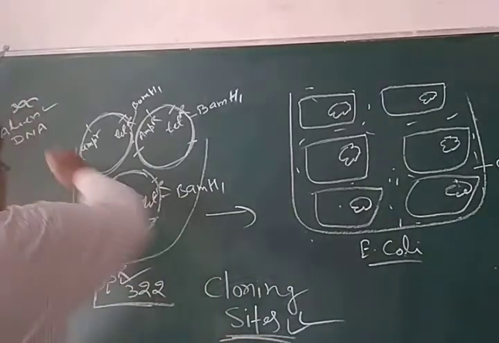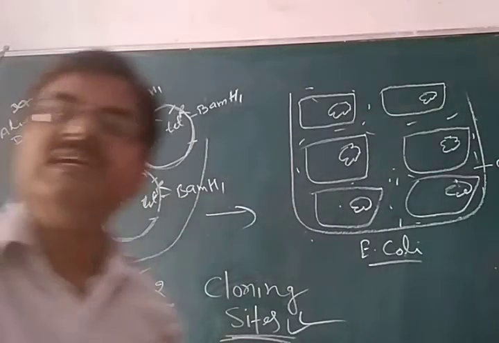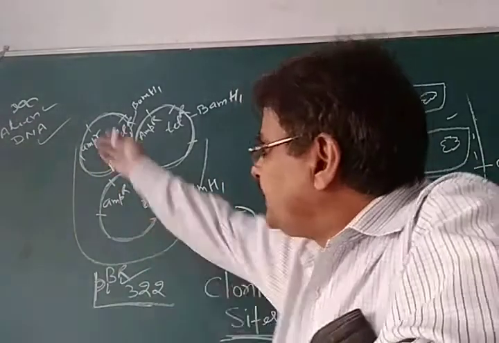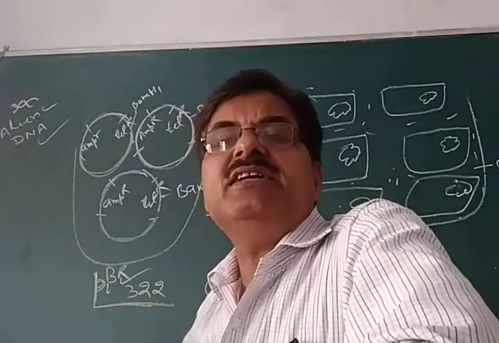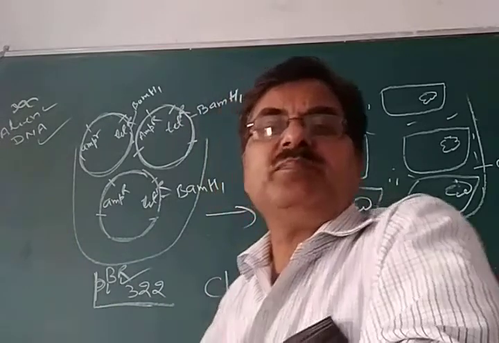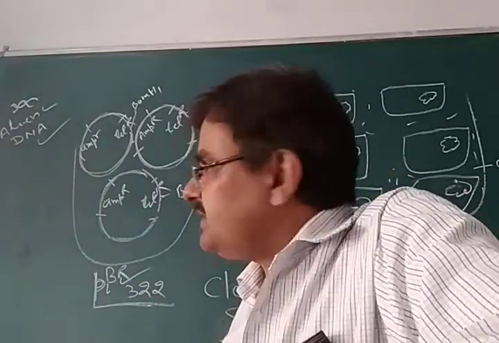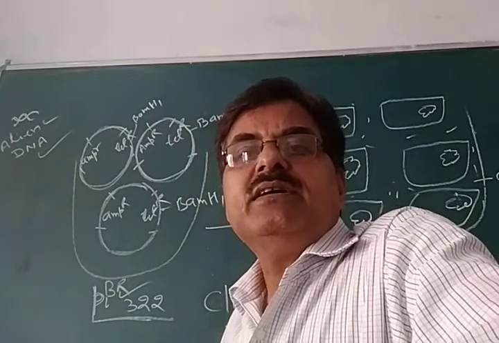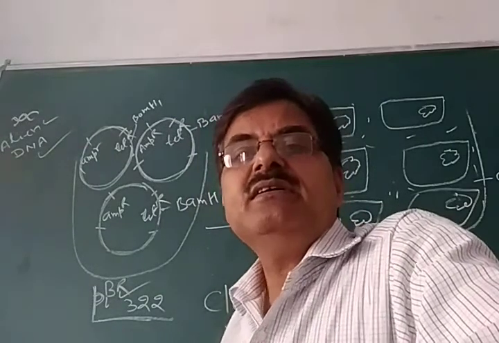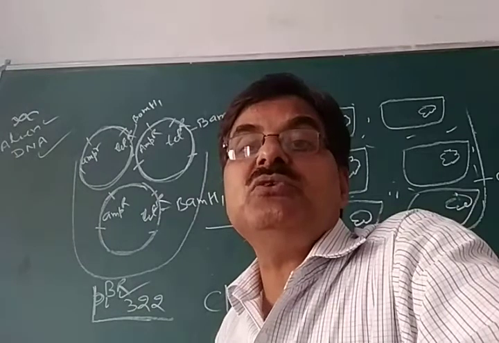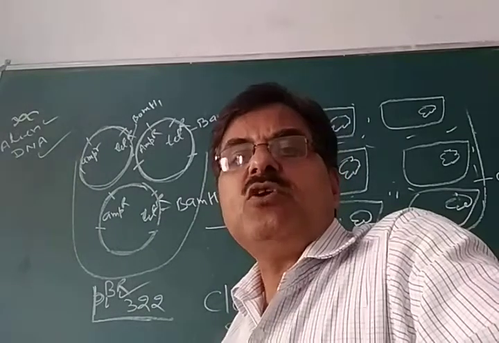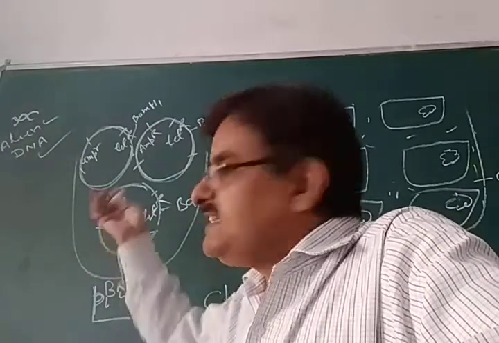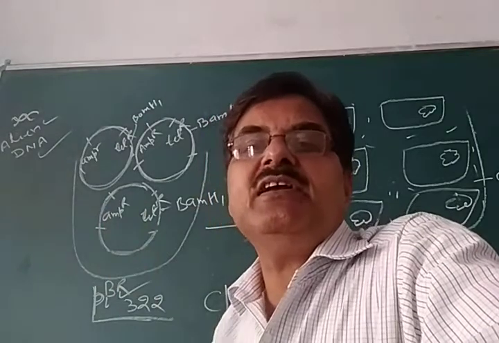We can increase the number of this alien piece of DNA or foreign DNA by the polymerase chain reaction. We studied earlier what PCR is. It is a reaction by which we can produce billions of copies of the desired piece of DNA within a day.